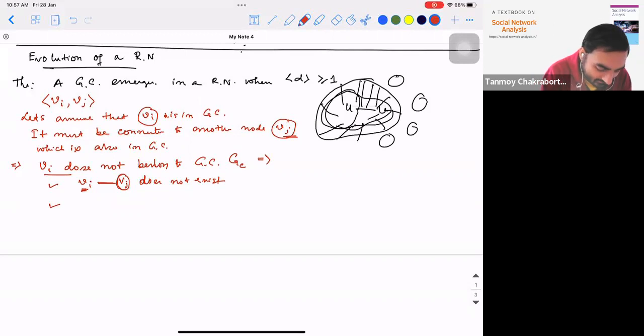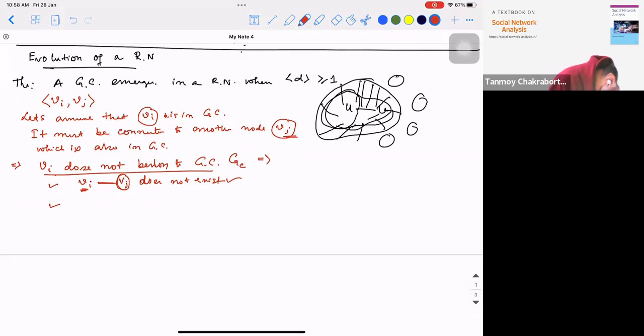If this edge exists, then Vi would also be a part of the giant component. This is one criterion, and the other criterion is kind of and/or, right? Either one of them is possible.